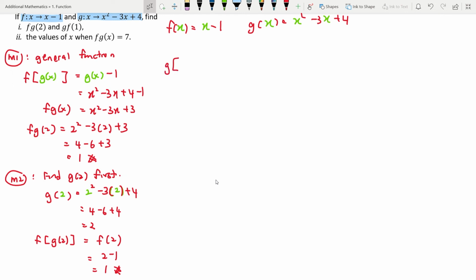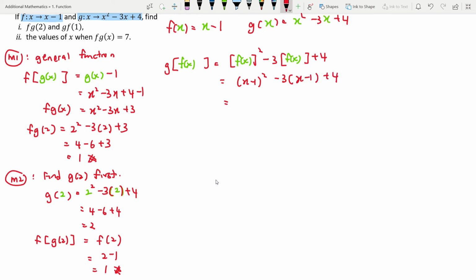g of f(x) is equal to (f(x)) squared minus 3 f(x) plus 4. Substituting f(x) into the function, (x minus 1) squared minus 3(x minus 1) plus 4.